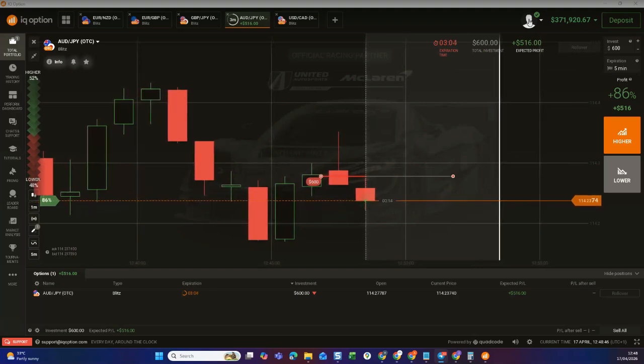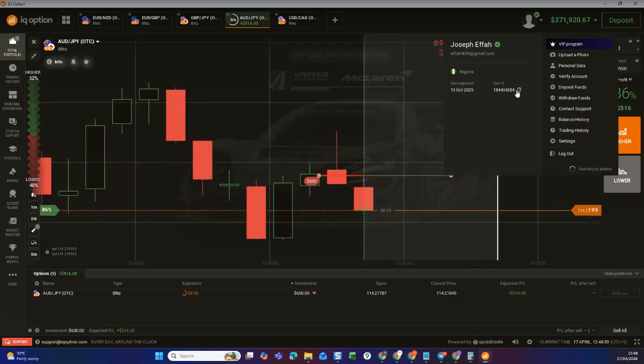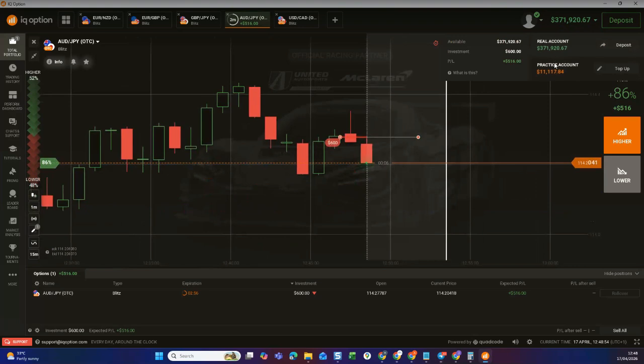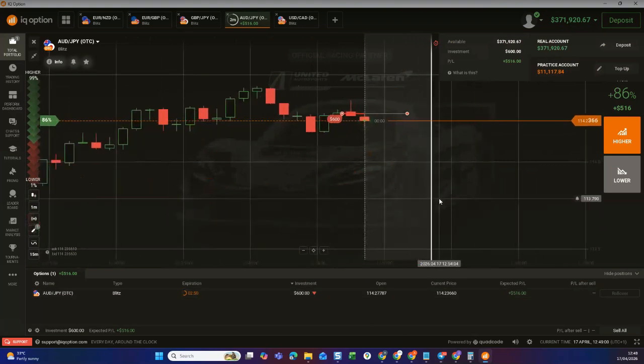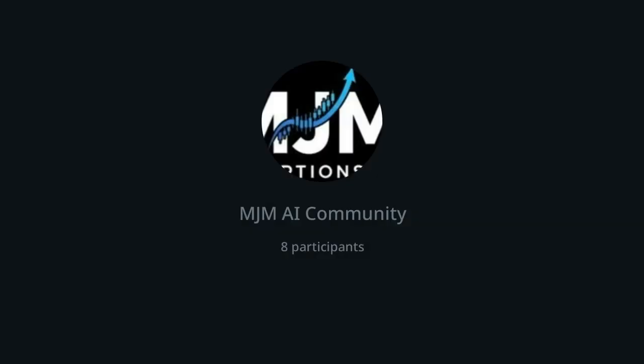The moment you are registered on IQ Options using that link, you then go to your profile, you copy your user ID, you send that user ID to me. Then the next step is for you to fund your IQ Options account like you're about to trade. And after that, the AI would be unlocked for you permanently, so you can scan signals for as long as you want. The AI is available 24/7.